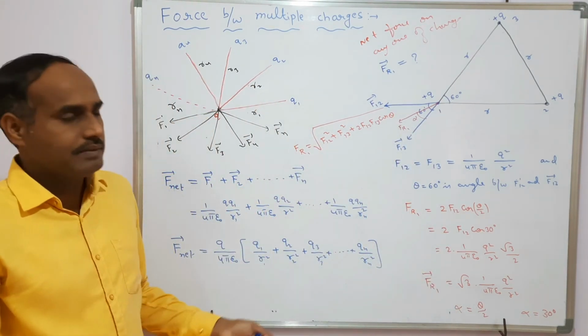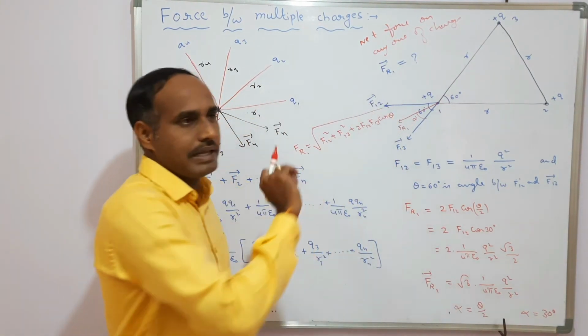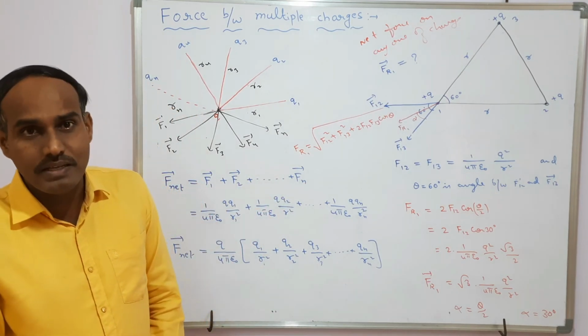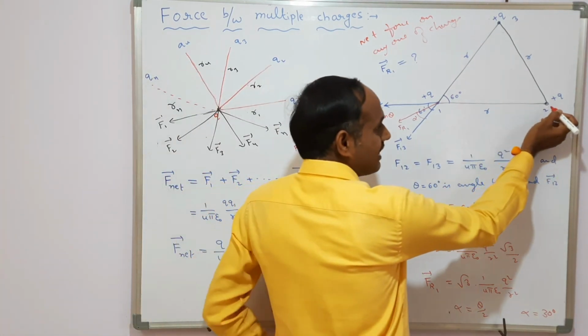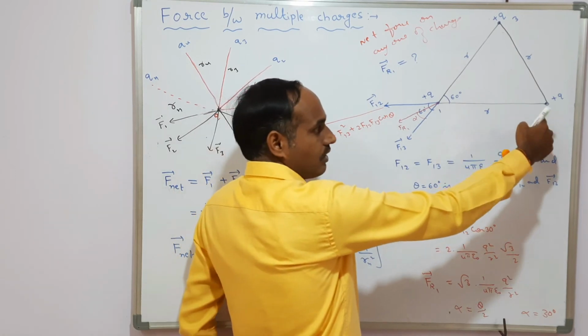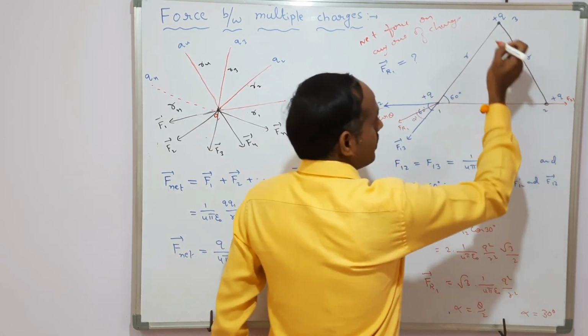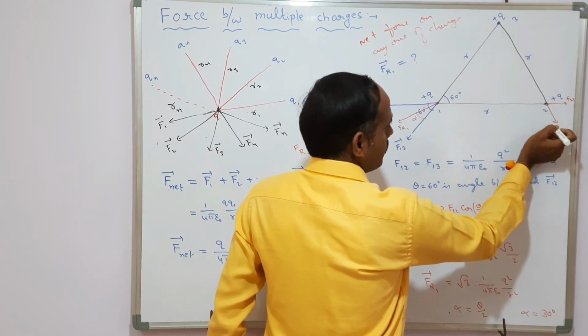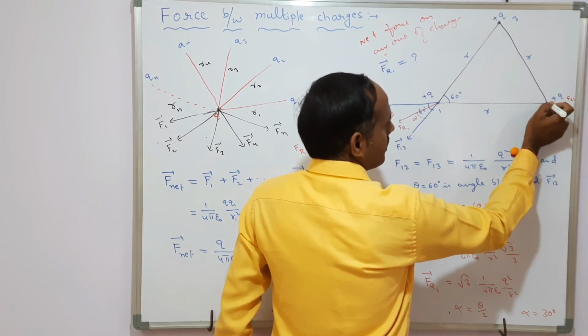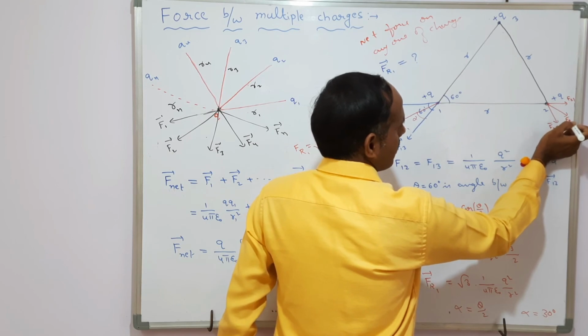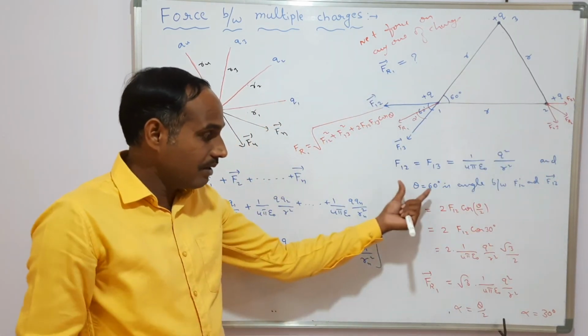And one more important thing: I am asking here about the first particle. If they are asking about the second or third particle, it is the same only. If they are asking about the second, the force on second due to first is repulsive, along this. Force on second due to third is also repulsive, along 2, 3, and this is the resultant here. But again we are getting the same magnitude only.